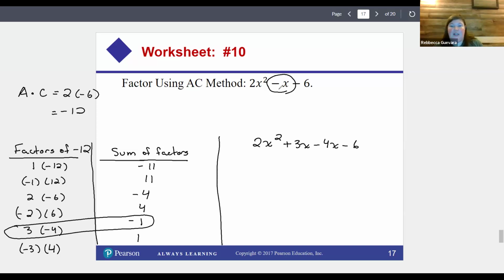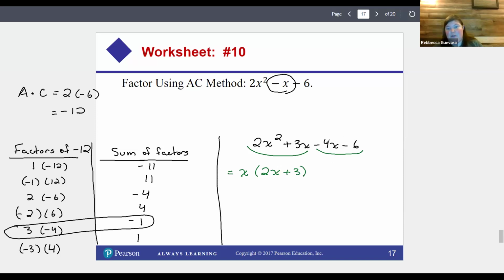So we know if we sum those together, we're still back to a negative x. So we're going to do this in groups. For these two, the only thing I could factor out of 2x squared and 3x that's the same is just the x. So I'm going to be left with 2x plus 3.